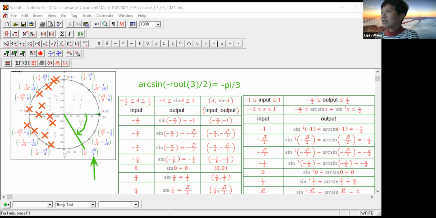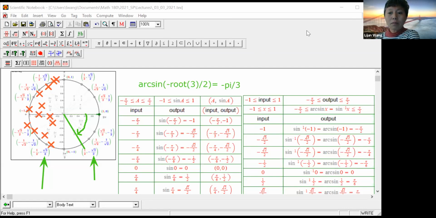Yes, you do have this -√3/2, but that angle is not for arcsine of -√3/2. Do you follow me, Kyle? Because we truncated. So for arcsine, the answer is one and only.